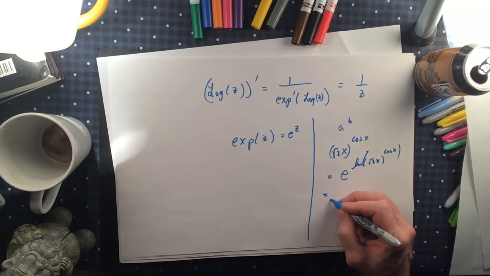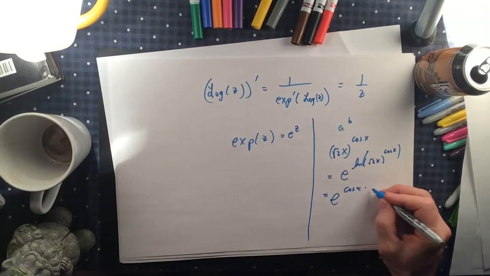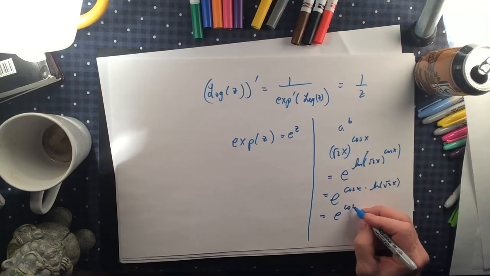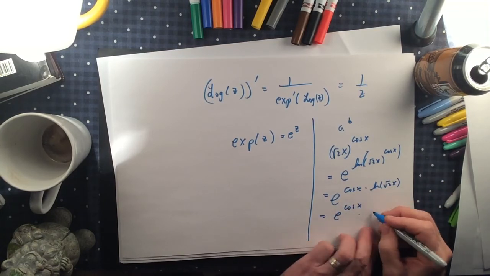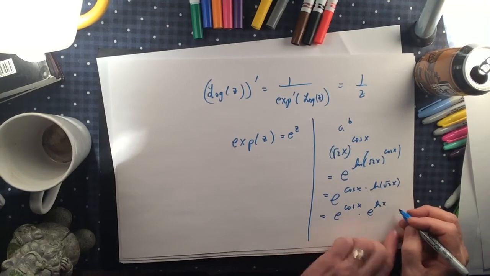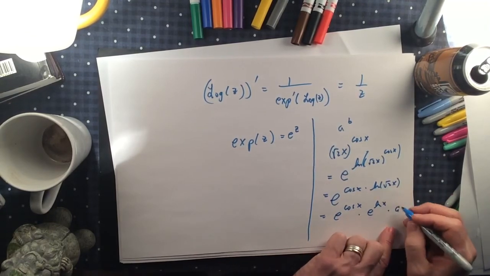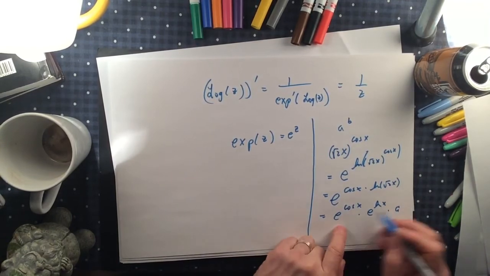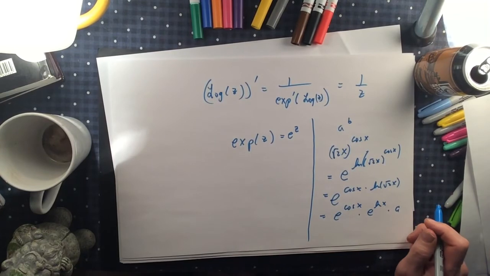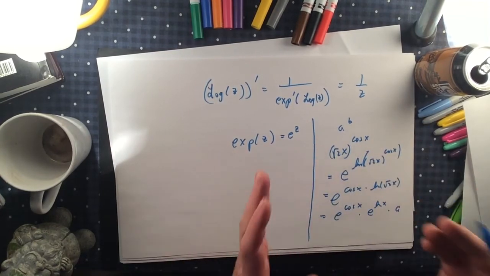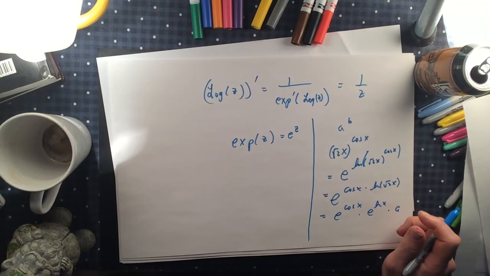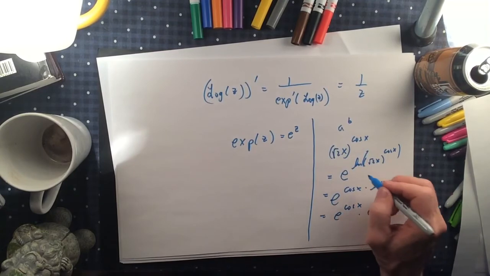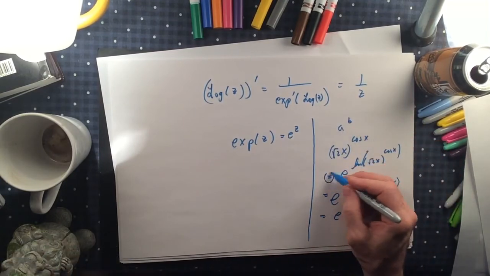Then you used a logarithm property and then you did some simplifications. And there's some constant here because of the plus c. And now you took the derivative of this. But lo and behold, this is just a product rule. So guess what? The derivative of this is doable when you believe in exponentials and logarithms. So it also taught us that this is a way to define a to the b right here.